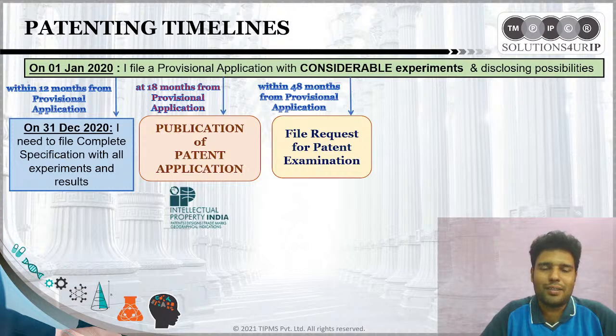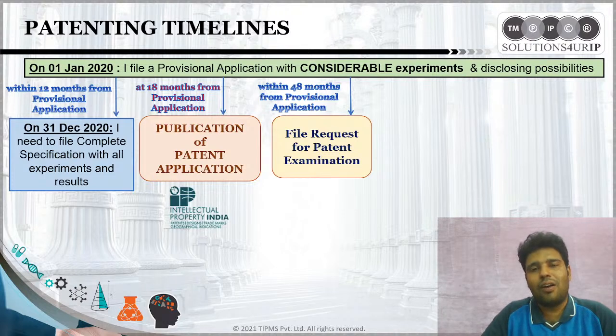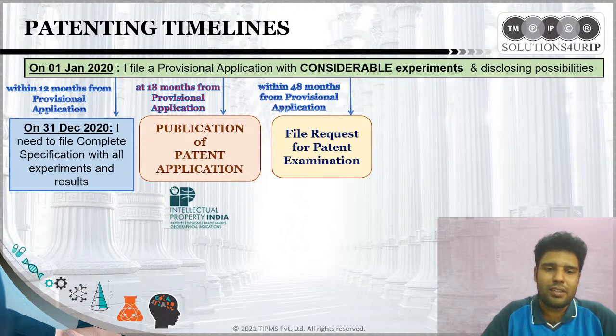In some patents the request for patent examination is filed at the 48th month, to delay the patent examination process for other strategic reasons. Or you file it as early as possible, either on the very first day of filing the patent application, on the priority date, or any time in between after publication of a patent application. But the timeline will be 48 months from provisional application.